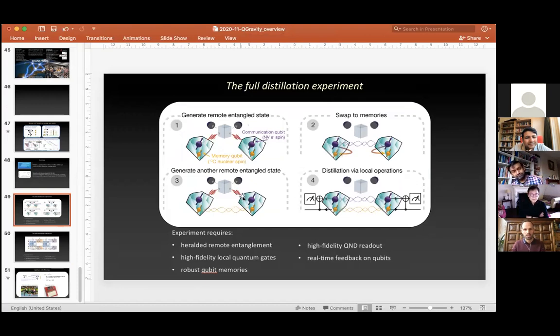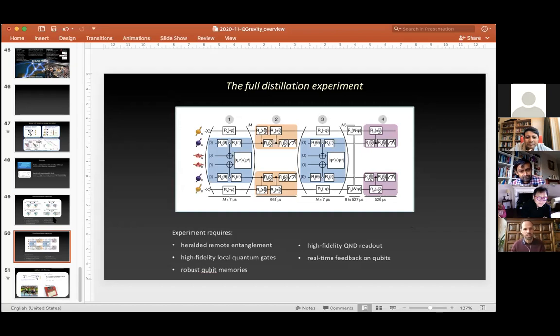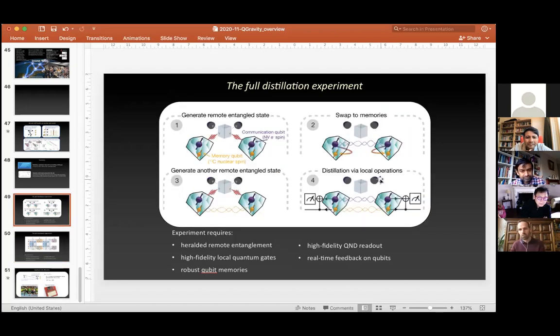We make another entangled state on the electron spins, and then we apply this distillation operation, and finally some feedback. I do have the circuit diagram, but I don't have the data. But we could show that in this case, in a certain regime, the distilled state that came out was indeed better than the states that we put in.